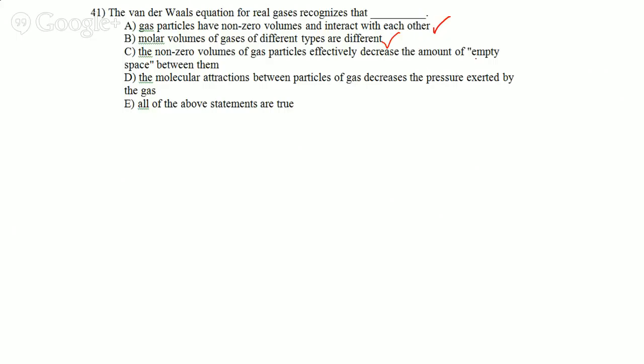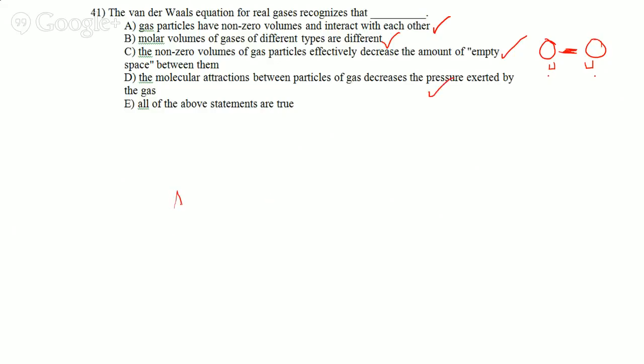The non-zero volumes of gas particles effectively decrease the amount of empty space between them. That's a fact, right? If we're looking at 2 molecules, there's less empty space in between them than if they were just 2 points, right? Because they actually take up space because they're real. The molecular attractions between particles of the gas decreases the pressure exerted by the gas.